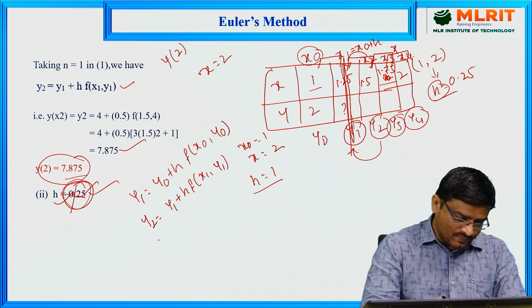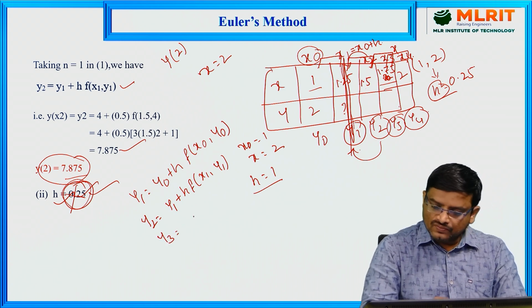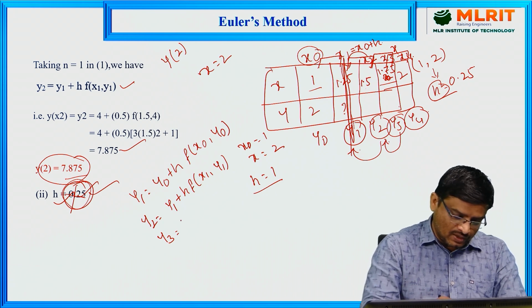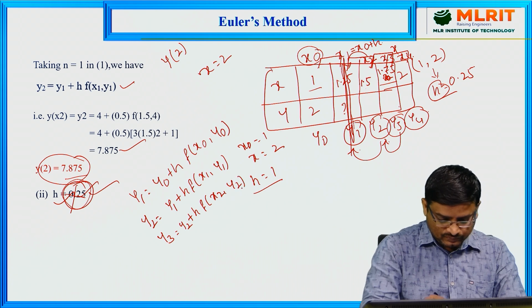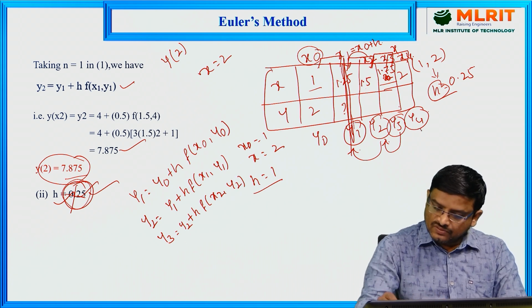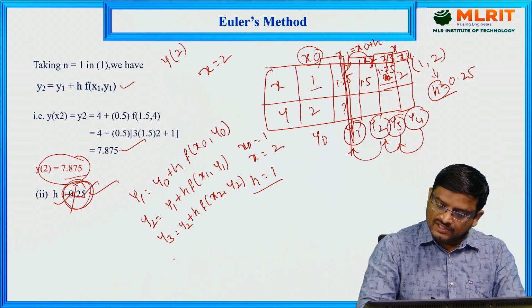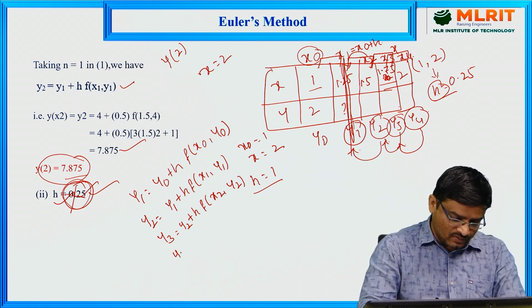And similarly for y3, our previous values are y2 and x2. So replace y1 with y2: y3 is equal to y2 plus h into f of x2 comma y2. And next, if you want to find y4, we have to consider the previous values as the initial conditions. So y3 and x3 become the initial values to find y4.